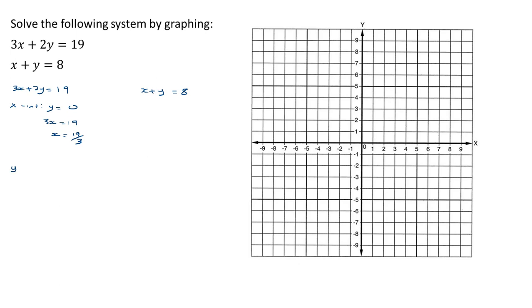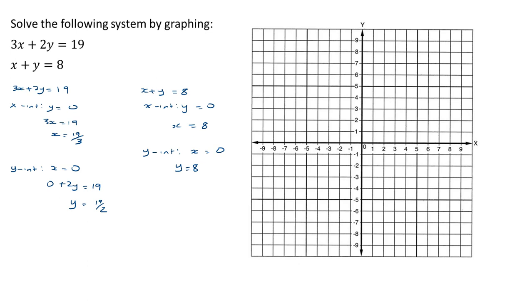Let's look at the y-intercept. Y-intercept, x equal to 0, so 0 plus 2y equal to 19, so y is 19 over 2. Okay, let's look at x plus y equal to 8. Let's look at the x-intercept. Y equal to 0, so x equal to 8. Y-intercept, x equal to 0, so y equal to 8.